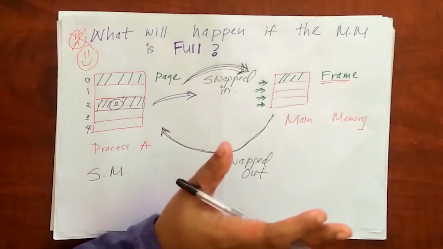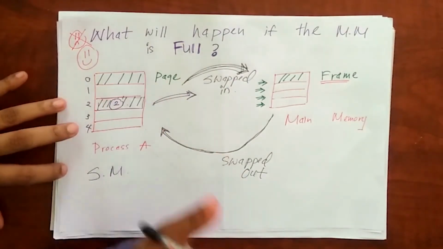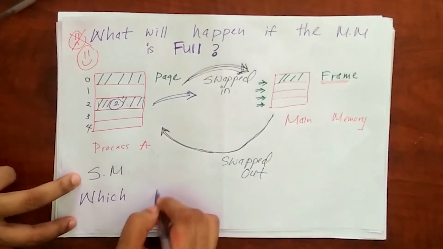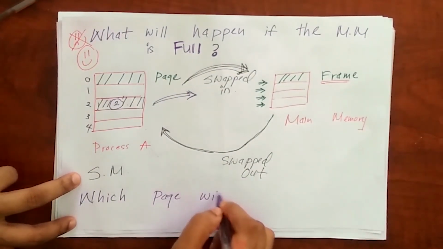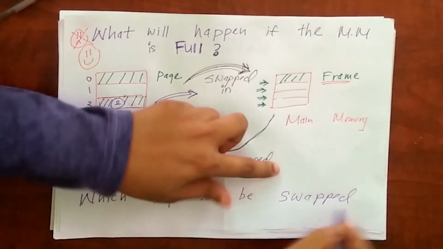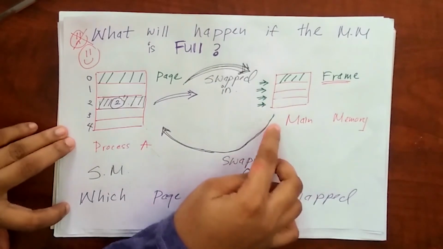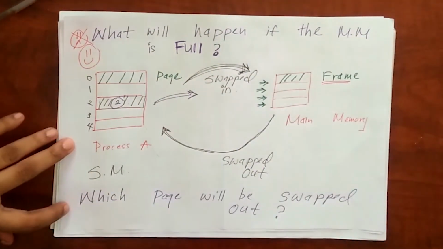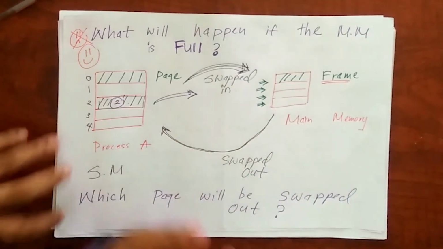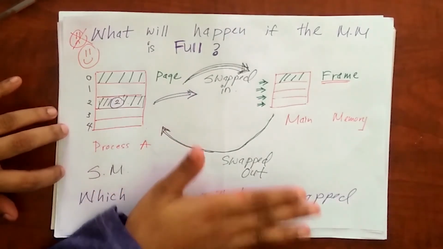Now I'm going to ask you the very last question, and that is, which page will be swapped out? I told you that some page will be swapped out and the particular page will be swapped in. So from these pages in the main memory, which page will be swapped out? That will be decided by page replacement algorithms.